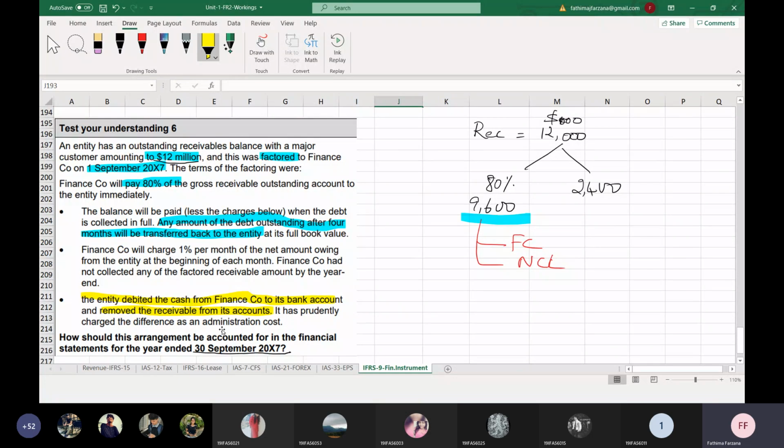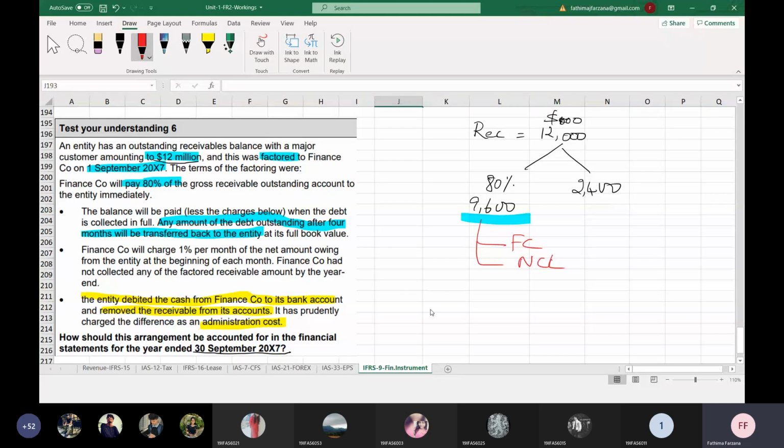It has prudently charged the difference as an administration cost. That is the difference between the original 12,000 and this 9,600, that is 2,400. They have transferred it to admin expenses. Right? This is not the way to do it, but let's see how we are going to do it. They are asking how you will account for it.